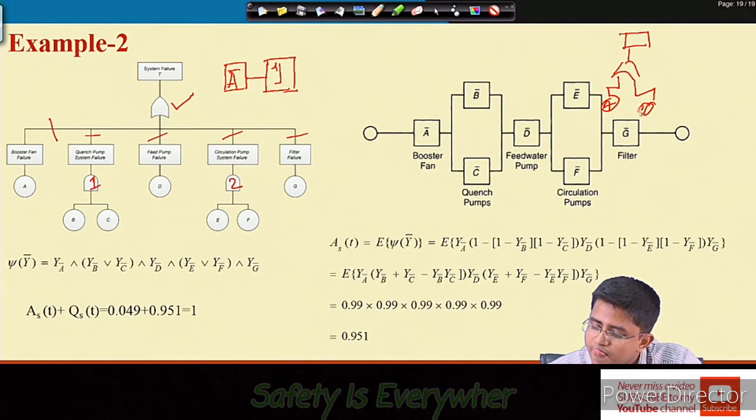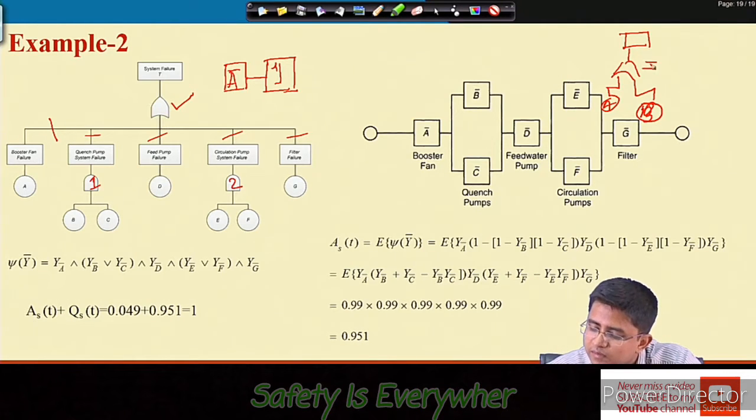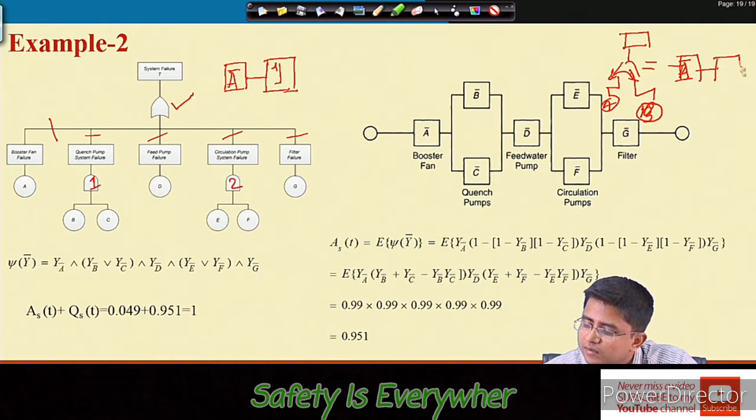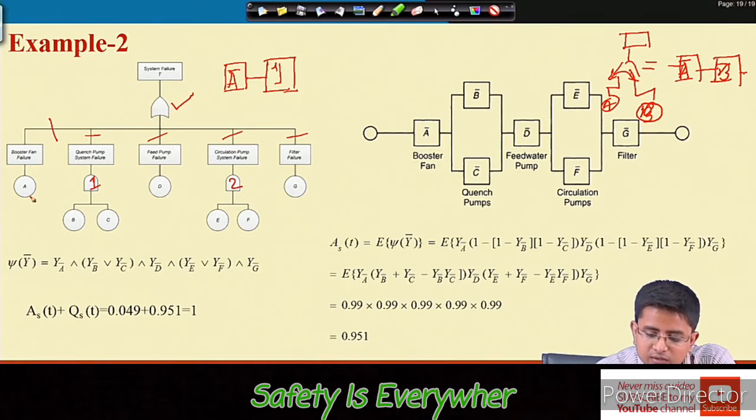From the property of the OR gate, we know that if this is an OR gate with inputs A and B, then the corresponding reliability block diagram is A bar and B bar. In the same manner, all the things will be in series and the total will be in bar.